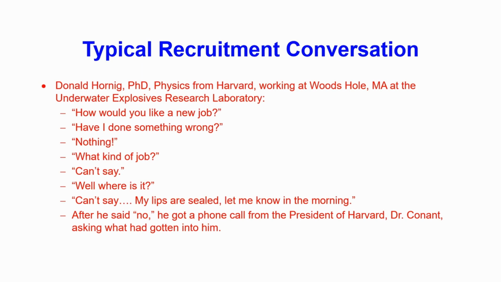You know, what is this new job?" And he said, "Well, no, nothing wrong." "Well, what kind of job?" "Well, I can't tell you." "Well, where is it?" "I can't really say. My lips are sealed. Let me know whether you'll take this job in the morning." Well, what did he say? He said, "No." The phone rings. President of Harvard calls.